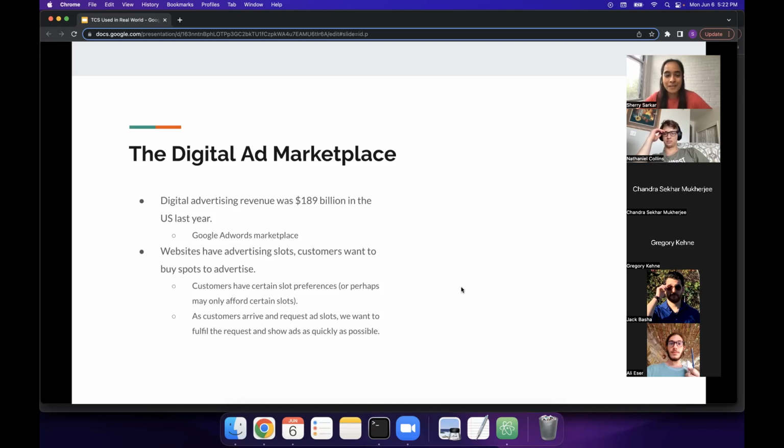So this problem is clearly a matching problem. We want to match customers to ad slots that they can buy. But it also lends itself usefully to an online setting. We have a lot of customers and requests coming in, and we want to maintain a maximum matching.